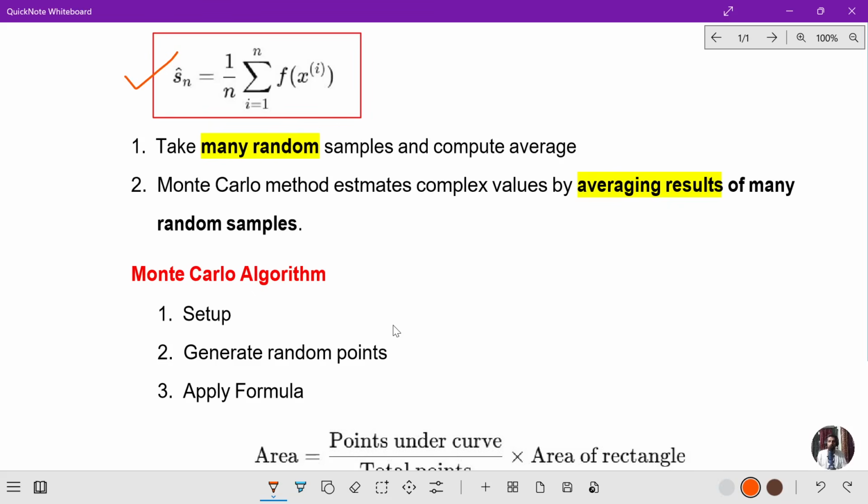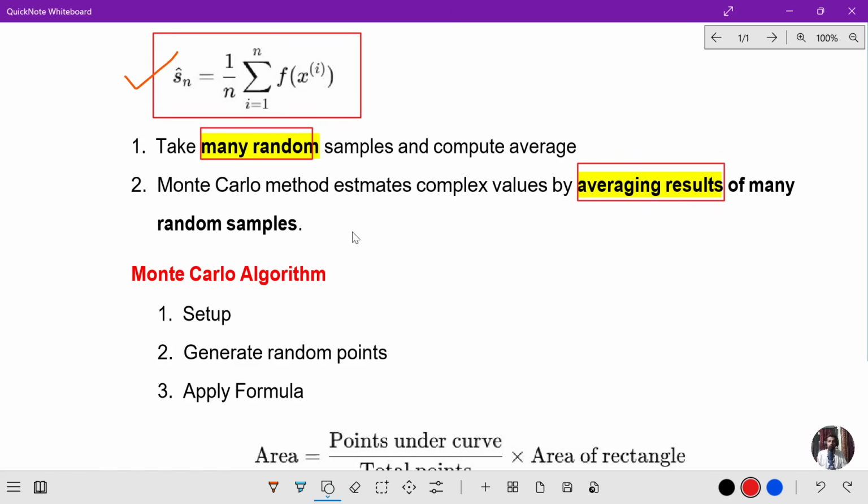What is going to happen? Take many random samples and compute the average. The Monte Carlo method estimates complex values by averaging the results of many random samples.